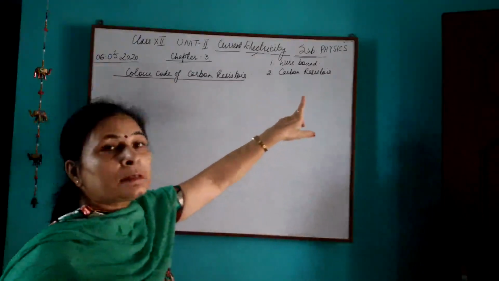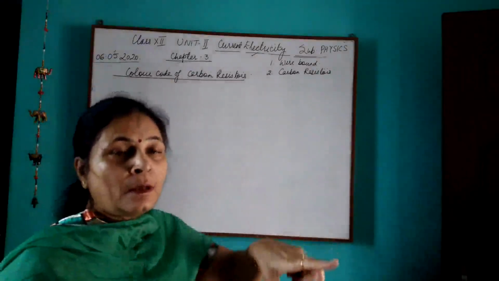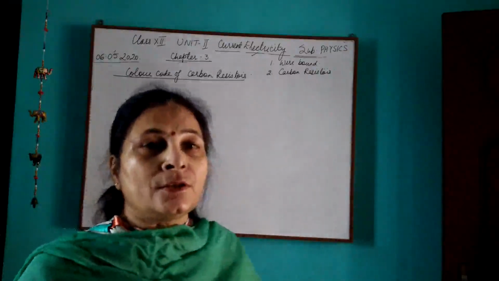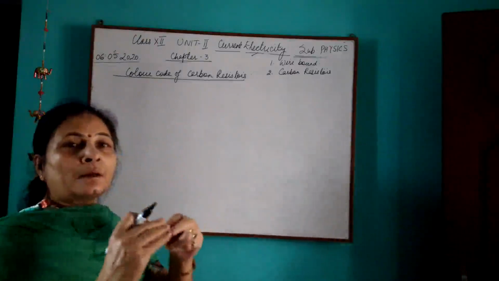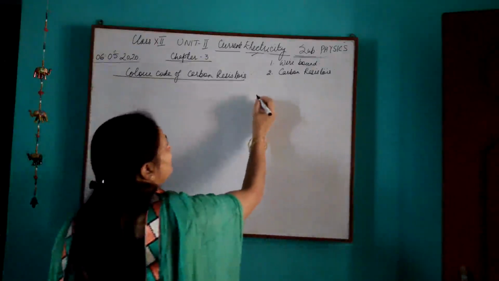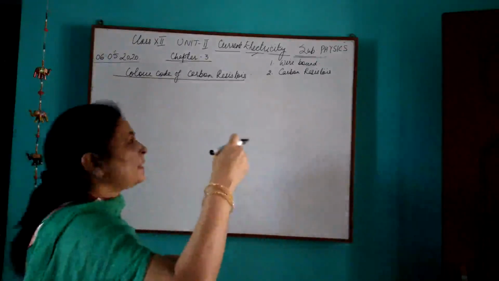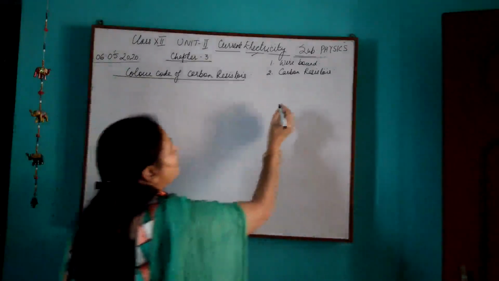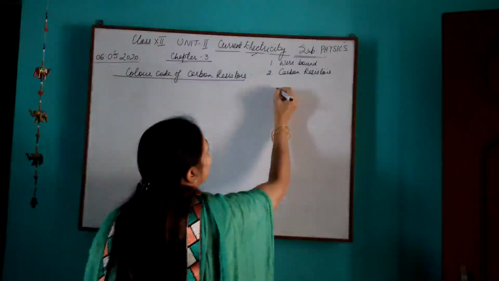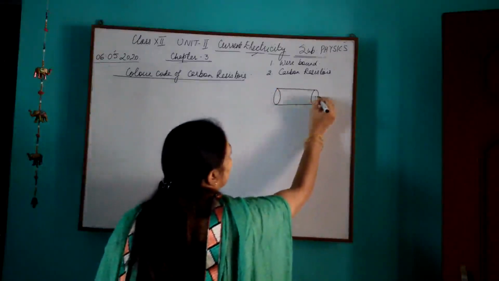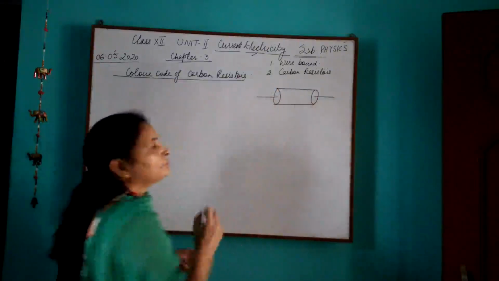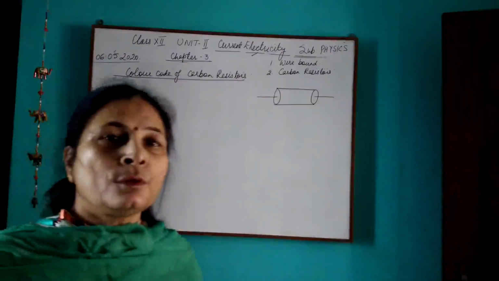Carbon resistors are made up of carbon with some binding agent so that it can be mixed together and the atoms are close together, and they are formed in the form of a cylinder like this. Connecting wires are given from two sides.